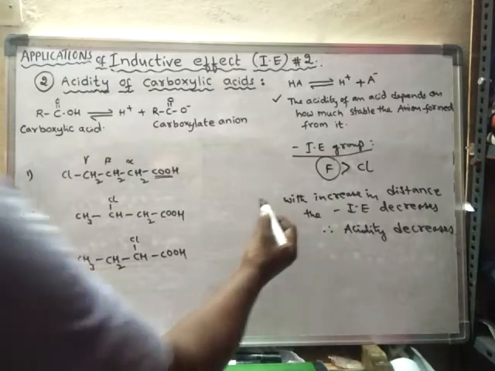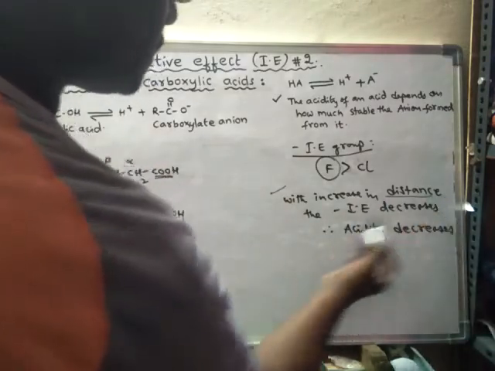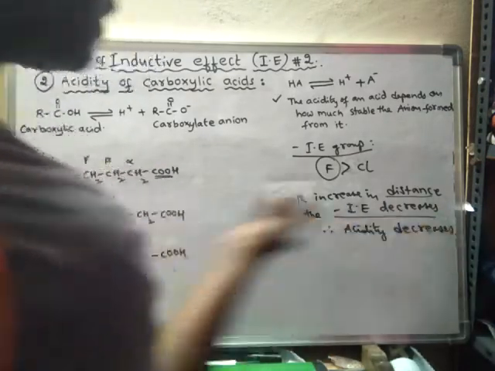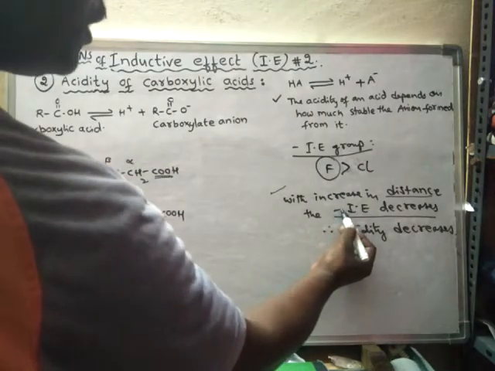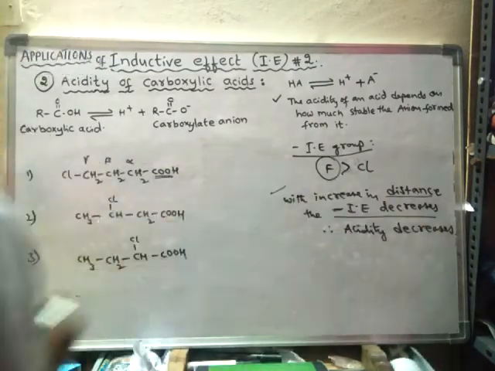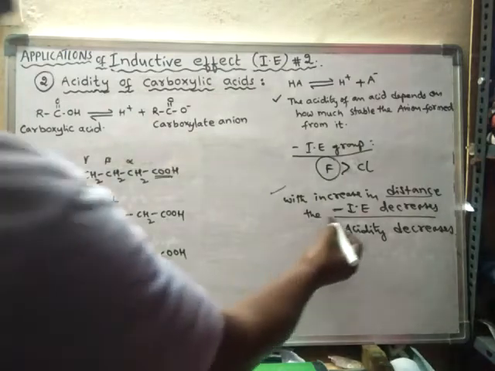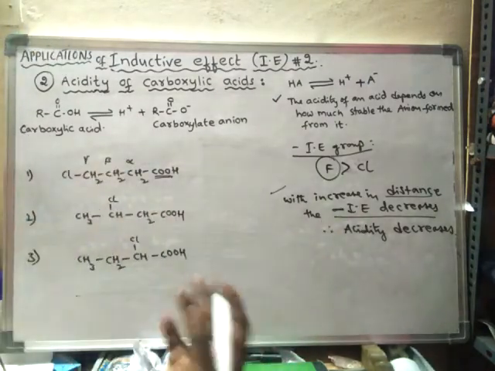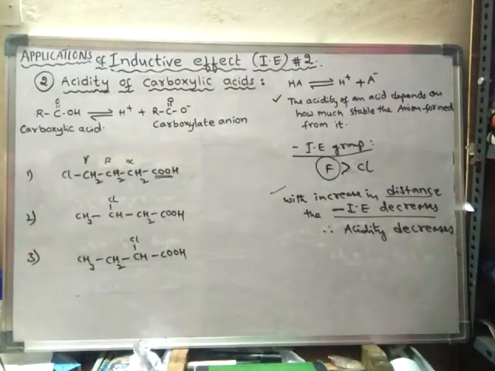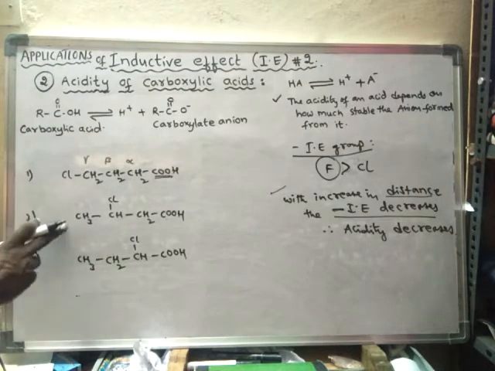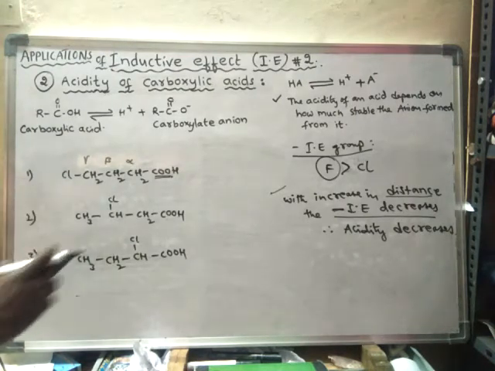Always remember that with increase in distance, the minus IE decreases. Whenever minus IE decreases, acidity decreases. First we will convert these acids into anions.